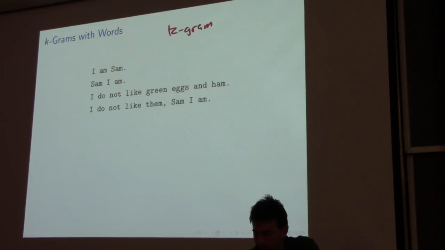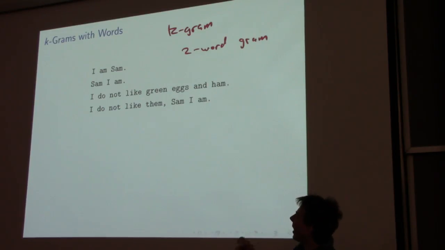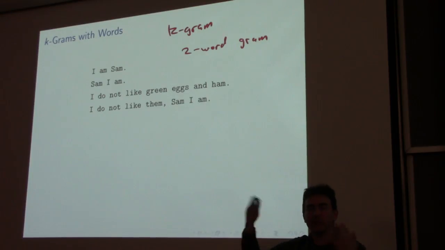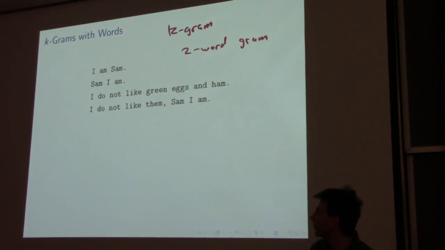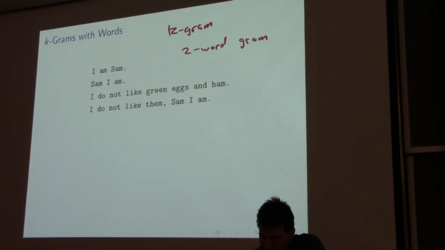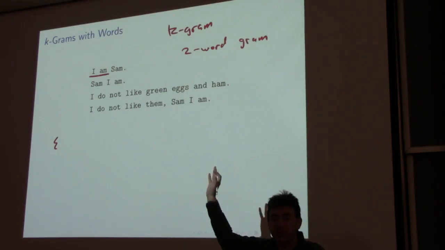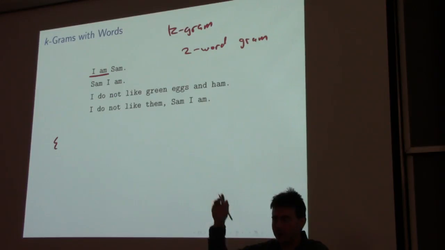If I have a 2-word gram, then I can see all the words, and that tells me something about what's going on. But I want to capture not just which words are in there, but which words are next to each other. This will tell me a bit more. So I'm going to break it into a set by saying that each pair of consecutive words is an element. This is a 2-word gram, where I'm looking at 2 consecutive words. So K is a parameter, and in this case it's 2.